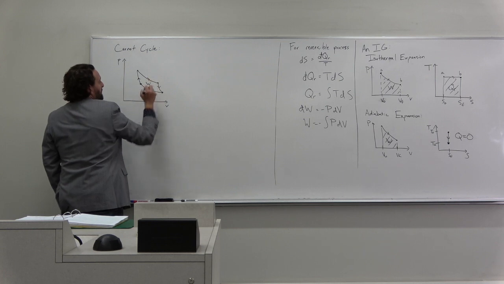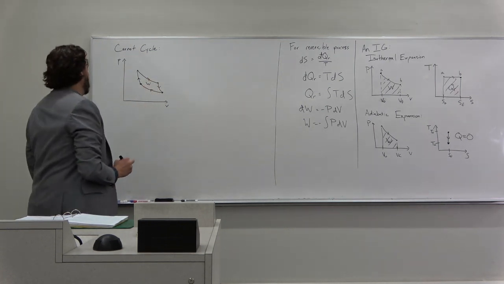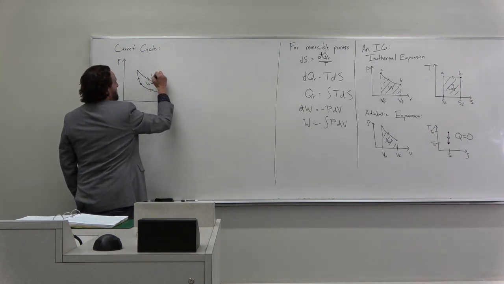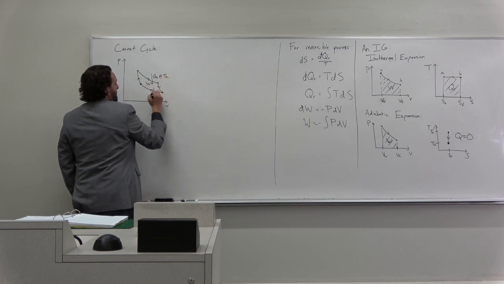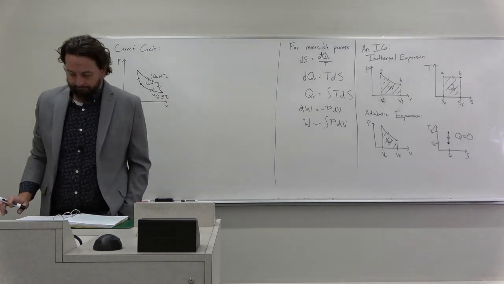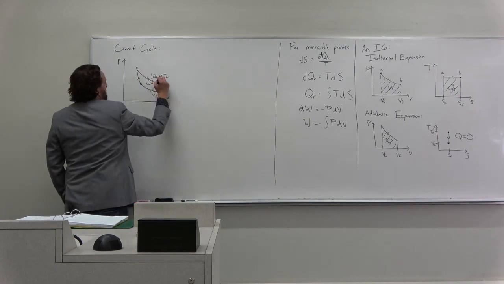And the work was the area under the curve. We know that we had always heat coming in here. This was QH at TH. And this was QC at TC. Let's just label these A, B, C, D as our standard practice.